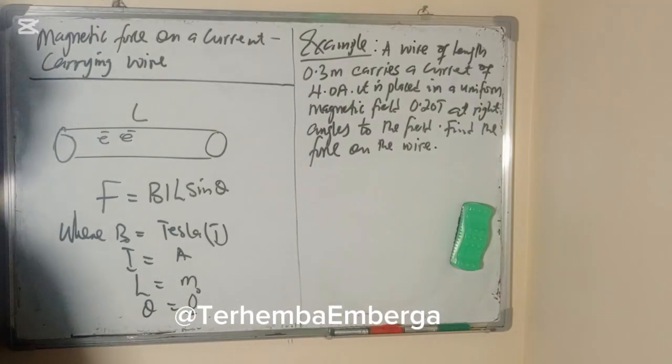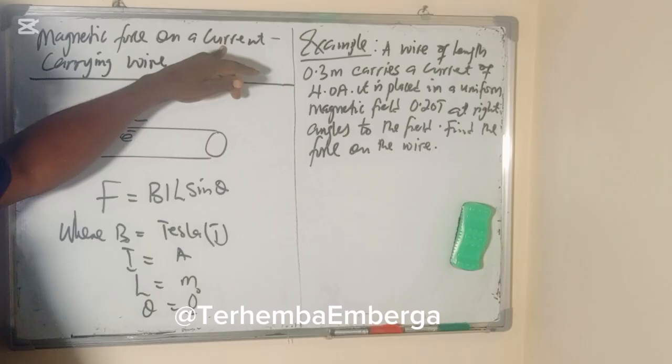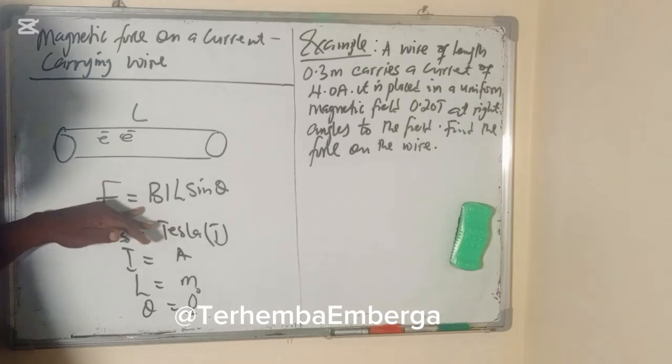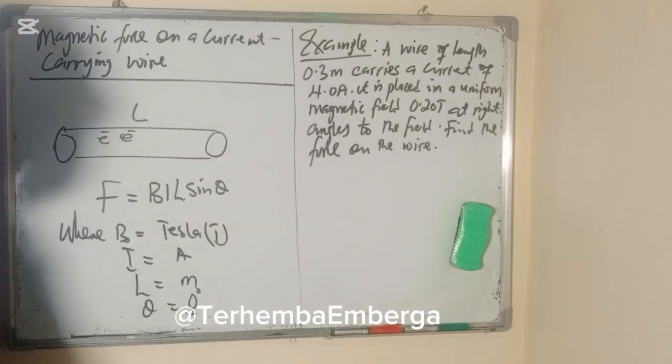So if you're asked to calculate the magnetic force on the current carrying conductor or wire, this is the formula we use. F is equal to B I L sine theta, where all the parameters have their usual meaning.